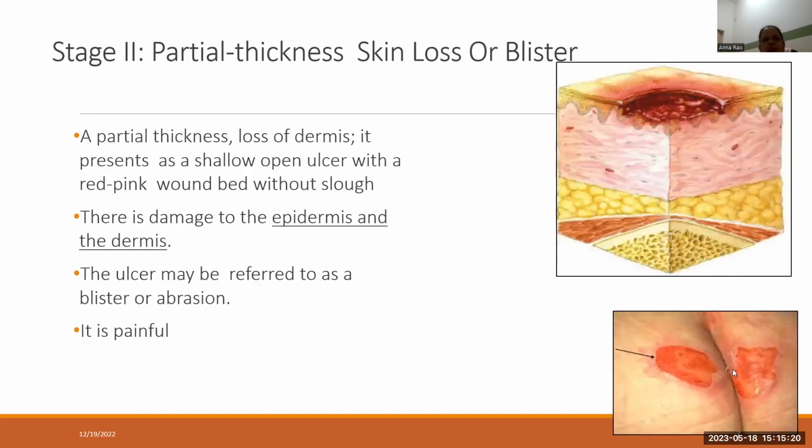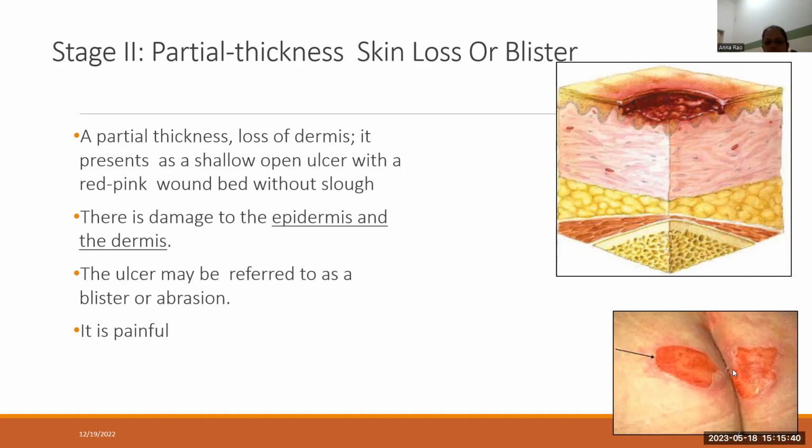Stage 2 is known as partial thickness, or many times you find a blister also, right? As you see here, there is loss of dermis, and you can see that there is a shallow open ulcer. Skin has come off, right?